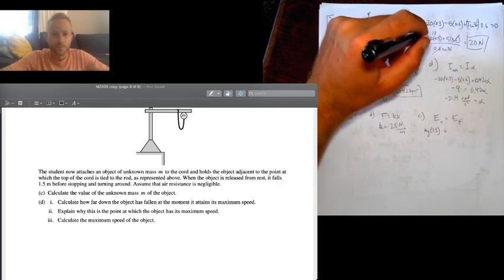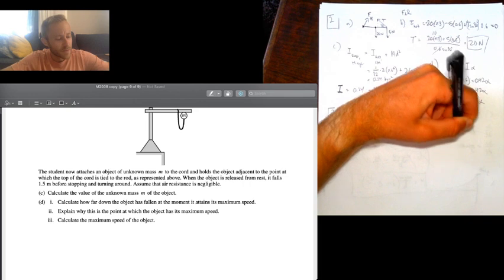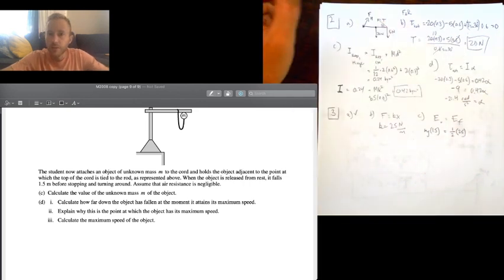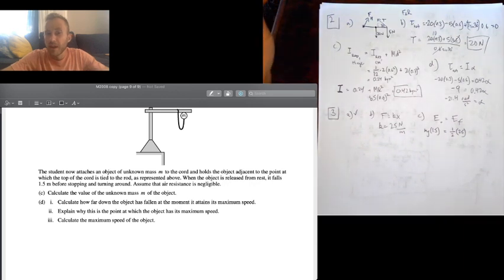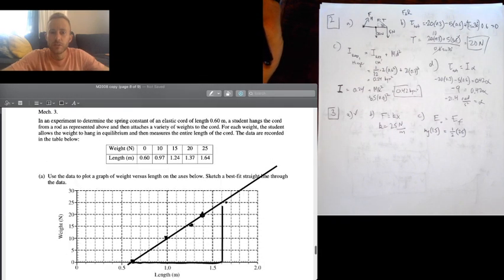So we have 1/2 k x squared. Now, how much was the band stretched? If it fell 1.5 meters before stopping, then because the initial length of the band was 0.6, it stretched 0.9.